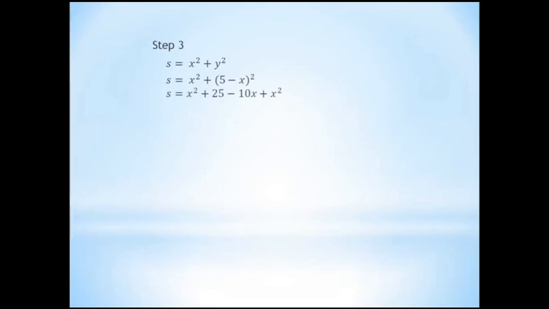S is equal to x squared plus 25 minus 10x plus x squared. S is equal to 2x squared minus 10x plus 25.